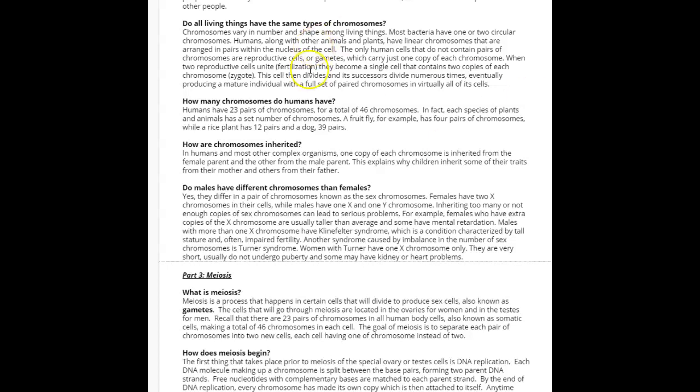How many chromosomes do humans have? Humans have 23 pairs of chromosomes for a total of 46 chromosomes. In fact, each species of plants and animals has a set number of chromosomes. A fruit fly, for example, has 4 pairs of chromosomes, while a rice plant has 12 pairs of chromosomes, and a dog 39 pairs.